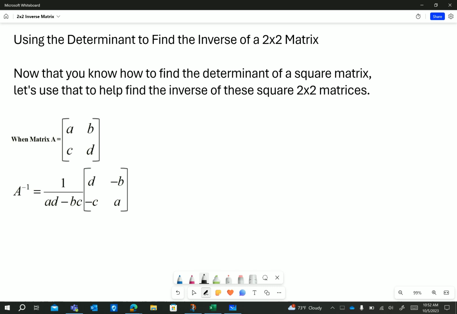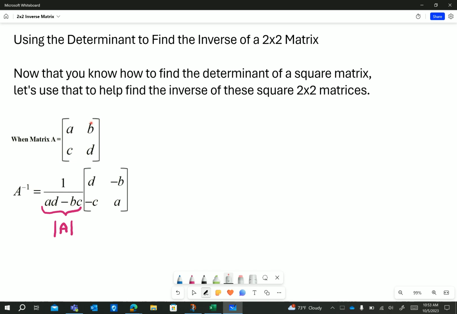So it will always be 1 over the determinant of whatever A is. Hopefully you are recognizing that AD minus BC is just the determinant of matrix A. AD is the multiplication of this diagonal, minus BC, the multiplication of this diagonal.